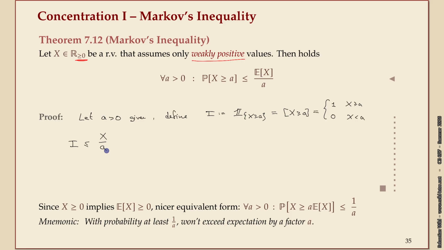And for this, you have to take the two possibilities. If X is indeed greater than a, then I is 1.